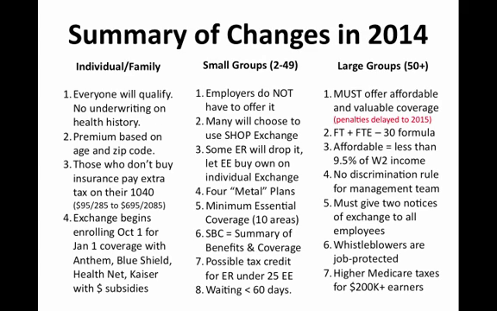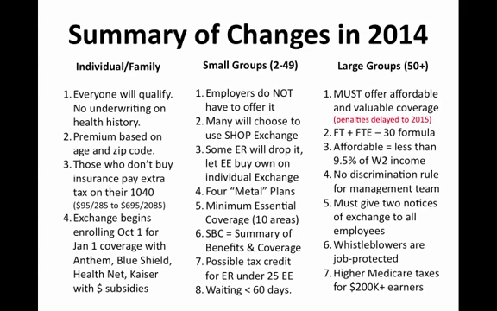The term affordable is being defined as whatever is less than 9.5% of an employee's W-2 income. And if somebody's making more than a couple $100,000 a year, he can expect his taxes to go up to help fund this whole endeavor.